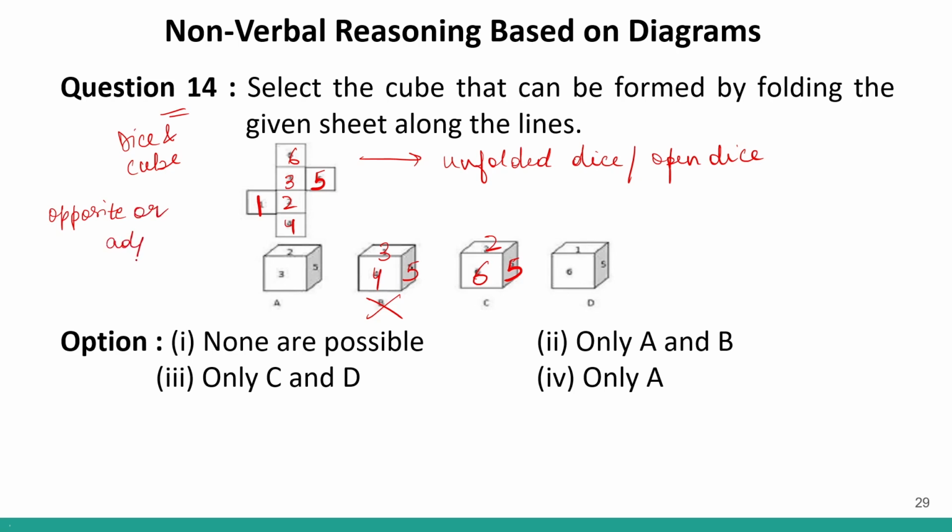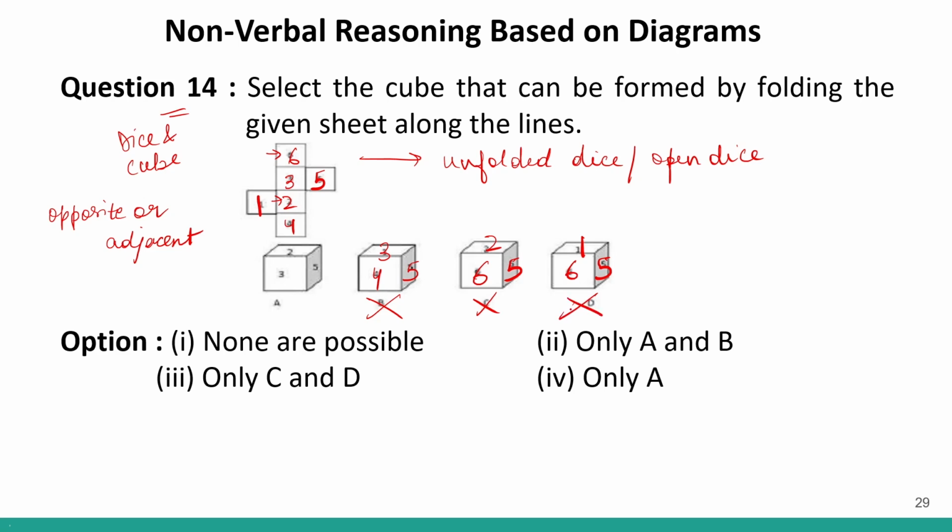They cannot be both. So 6 and 2 are opposite to each other, so they cannot be adjacent, which eliminates option number C. Over here we have 6, 1 and 5. Again, the numbers adjacent to 6 have to be 3, 5 and 1. 1 cannot be adjacent to 5. So this eliminates option number D as well.